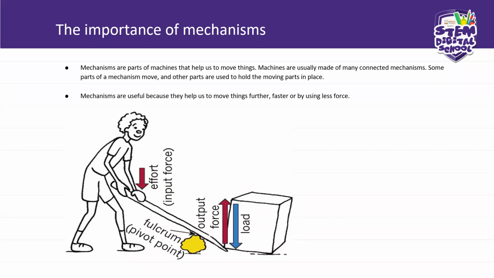Some parts of a mechanism move, and other parts are used to hold the moving parts in place. So, a mechanism is the basic part of a machine. It's what machines are made of. So, a combination of mechanisms is a system, and a machine is a combination of many systems.